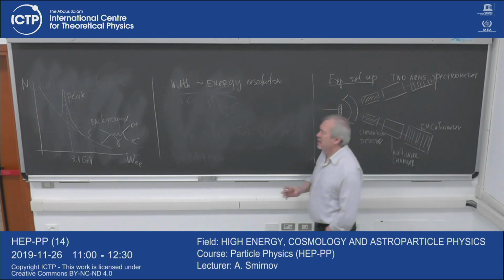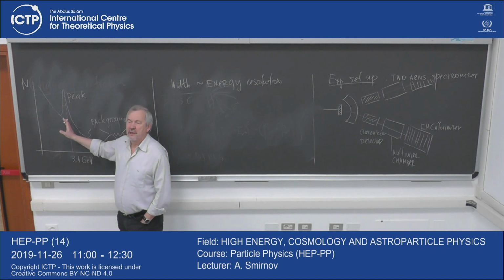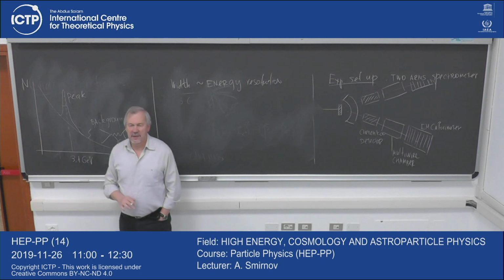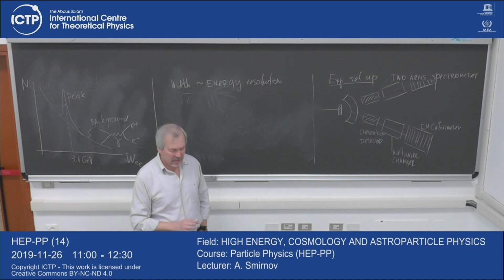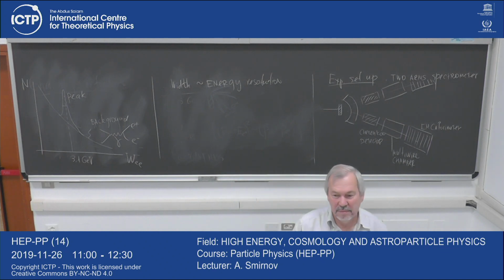So, you see here the peak. Why is this an indication that you have production of a particle with this W, this invariant mass? Resonance? So, who knows what the resonance is?